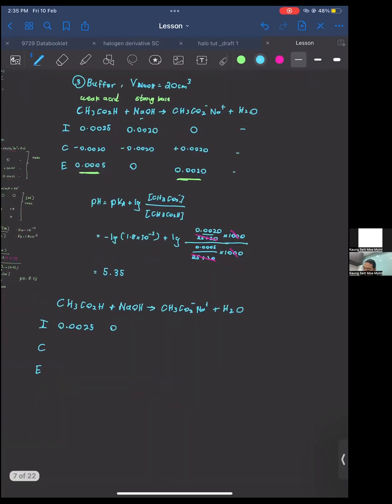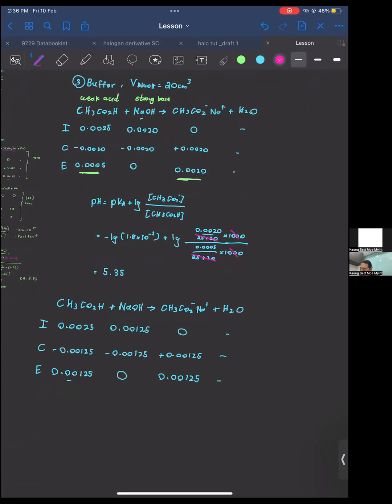Basically, you have 0.00125 of NaOH. Our NaOH is the limiting reagent. Subtract. Add to the salt. 0.00125 of the acid, 0.00125 of the salt. There is no more base left.